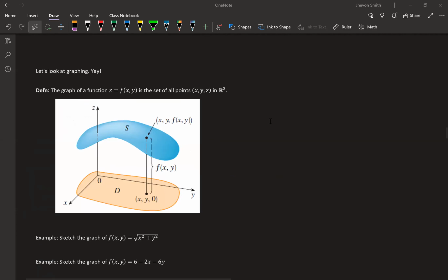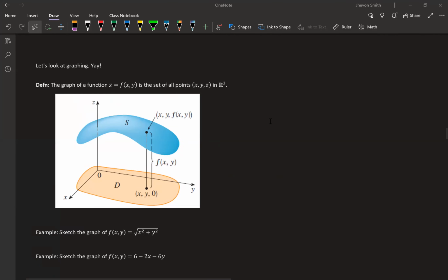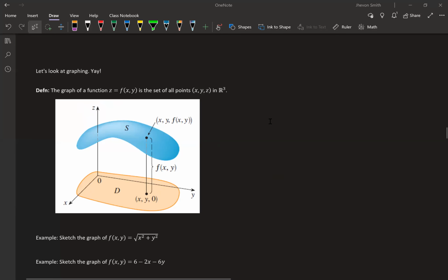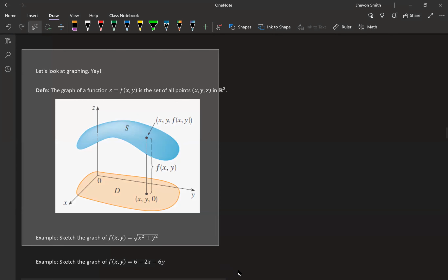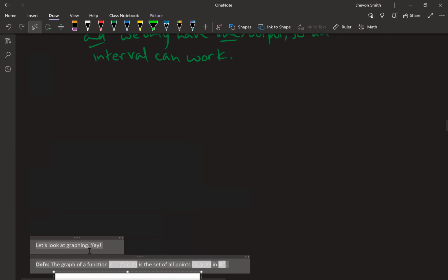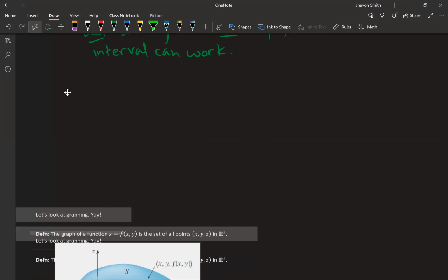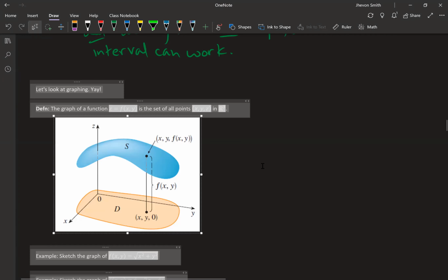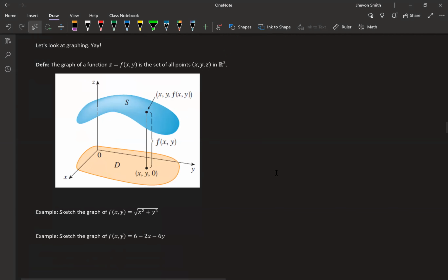Of course, when we start talking about functions, we're often going to want to talk about their graphs. Well, the graph of a function of two variables is actually a surface, right? So the graph is going to be 2D. And the idea is you take some x comma y coordinate in your domain, you plug it in, and it's going to output some particular z coordinate.